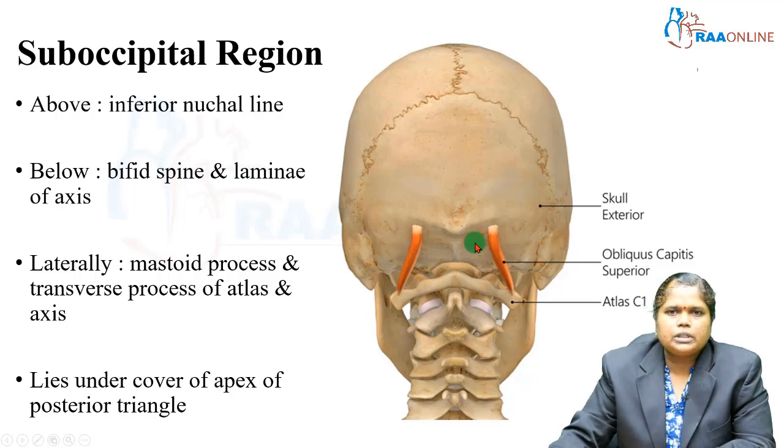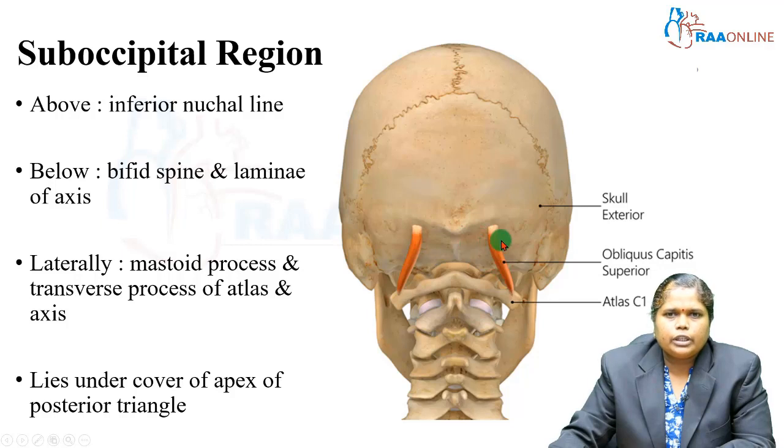The suboccipital region is limited above by the inferior nuchal line and below by the bifid spine and laminae of the axis vertebra, that is the second cervical vertebra. Laterally it is limited by the mastoid process of the temporal bone and the transverse processes of atlas and axis. So these are the boundaries for the suboccipital region.